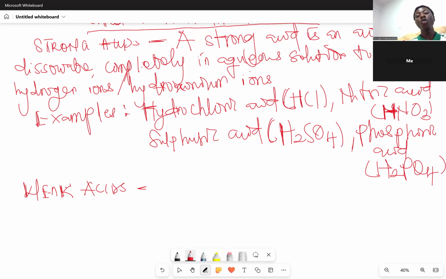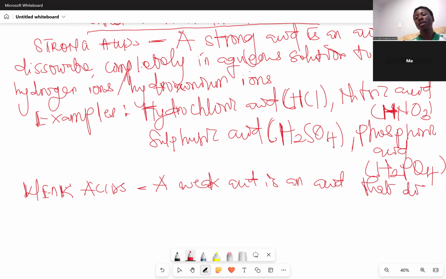Okay, correct. So you say that a weak acid is an acid that dissociates. This is the choice of words we use. Dissociate partially. We say they break down partially in aqueous solution.